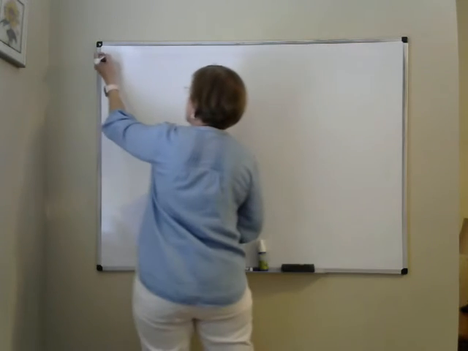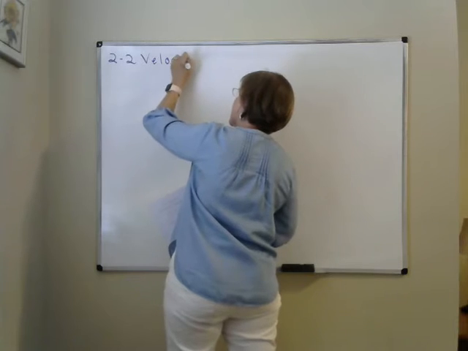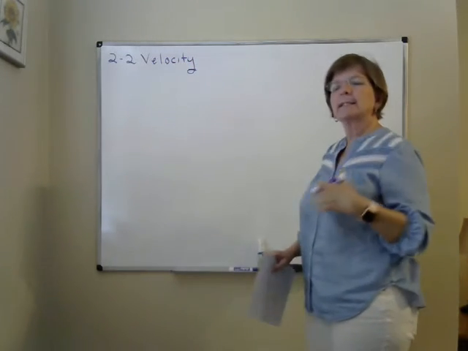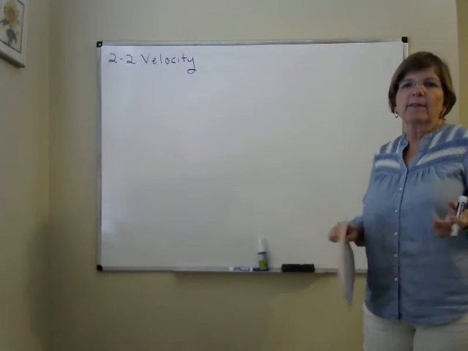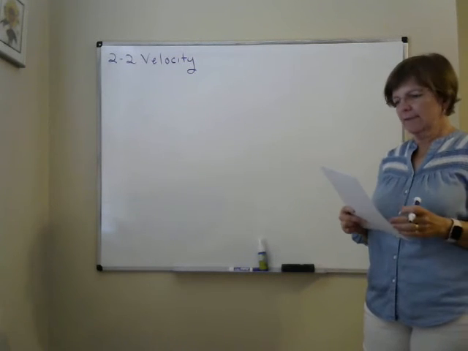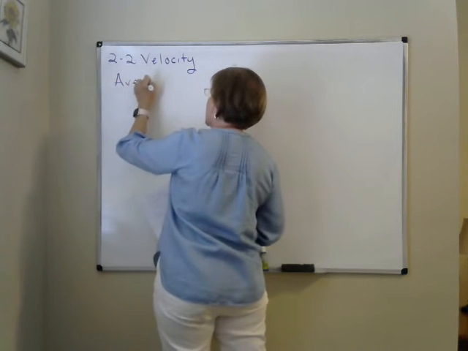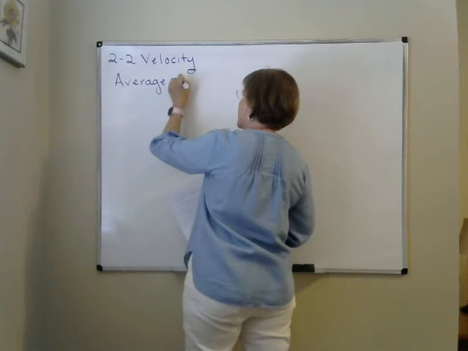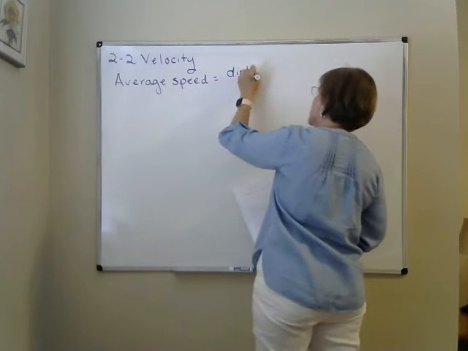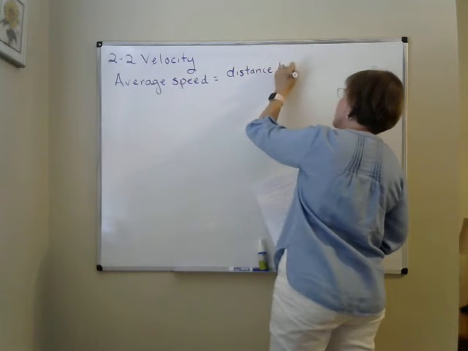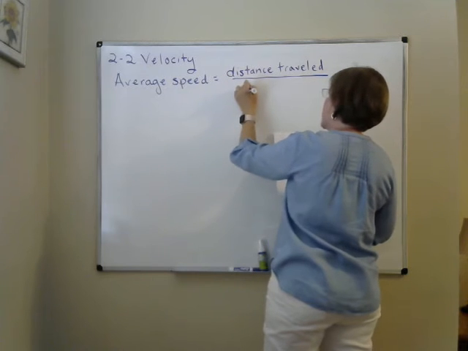Now the section 2.2 in the book deals with velocity. Many people think speed and velocity are the same thing, but they're not exactly the same thing, even though in everyday language we often think of them as the same thing. Your average speed is the distance traveled divided by a time interval.